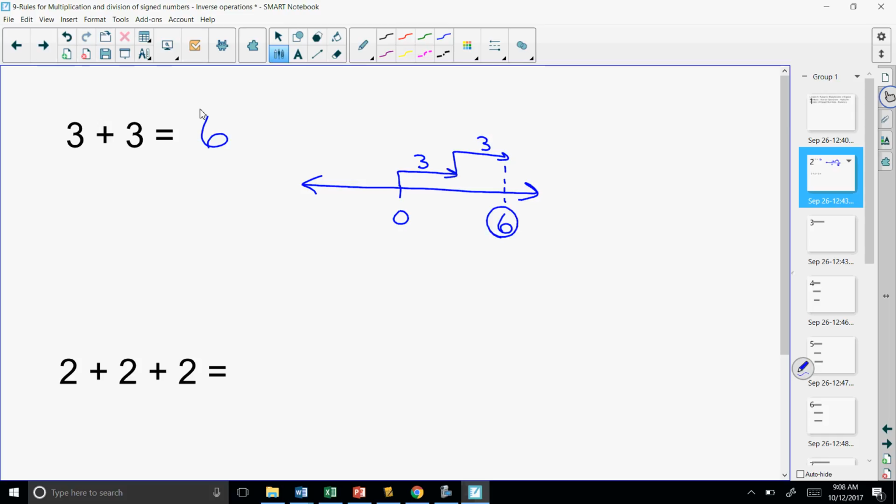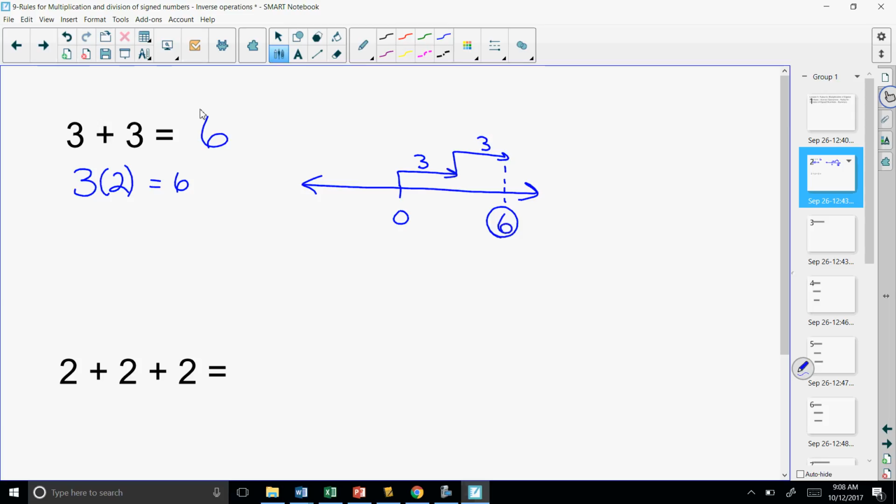But I could show this repeated addition as 3 times 2. Repeated addition means the same thing as multiplication. 3 is used as an add-in 2 times. So 3 times 2 would have a value of 6.